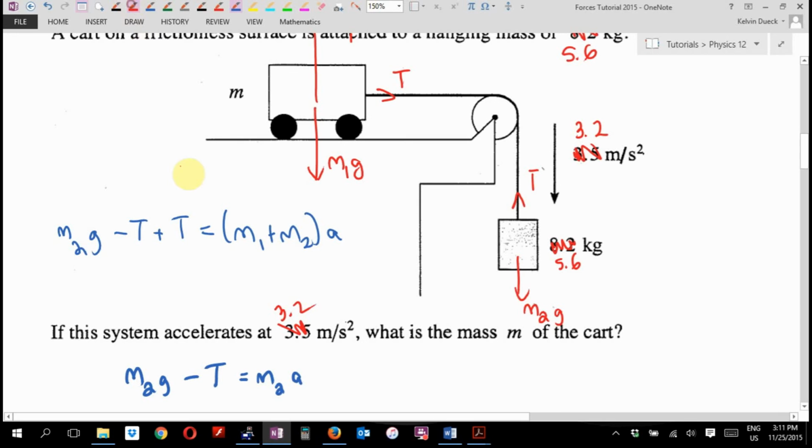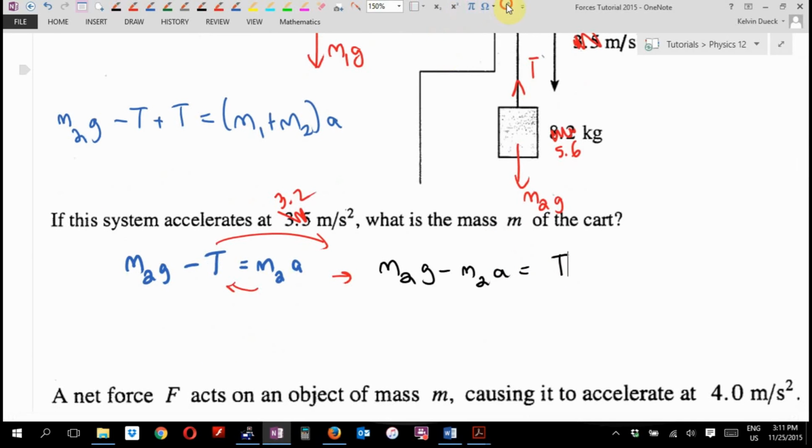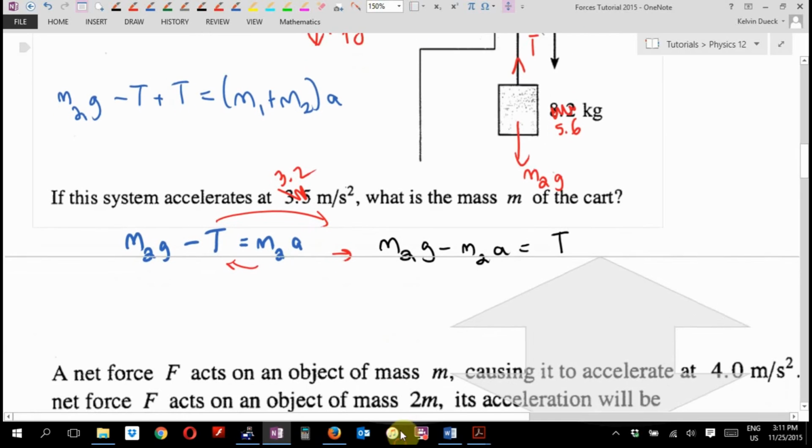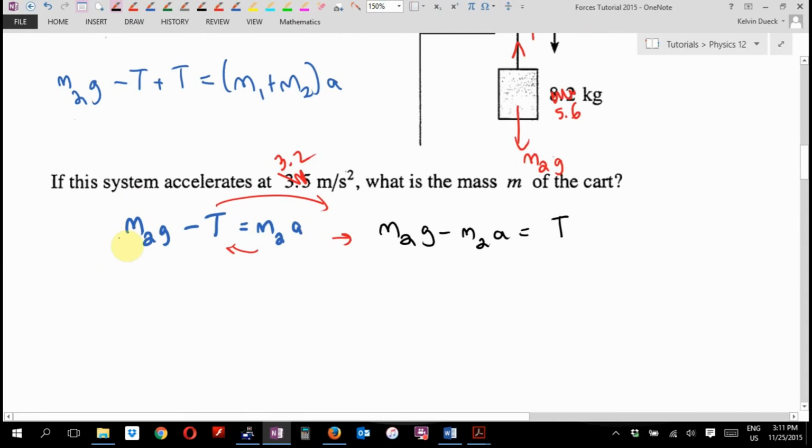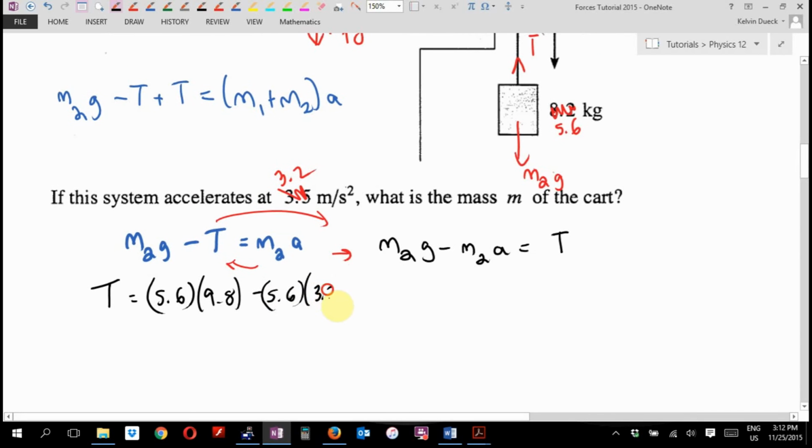I think, oh, we've seen this dance before. Plus that over, minus that over. I'm going to get M2G minus M2A equals tension. I'm going to get tension equals M2, I made up a new one, 5.6, times G, 9.8, minus 5.6 times, what did I say, A, 3.2?